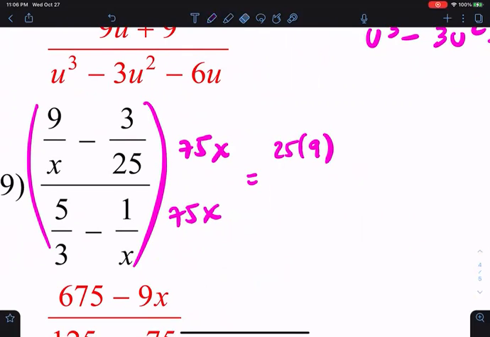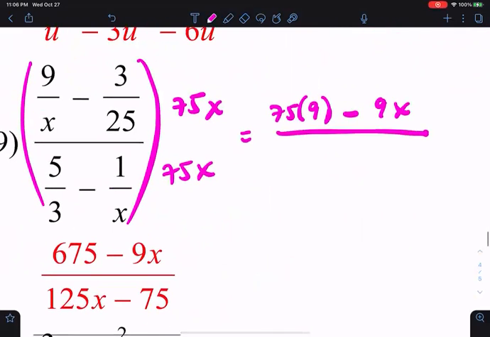Actually not. Yeah, the common denominator is 75. So this is 75 times 9, and this is going to be 375 divided by 25 is 3. So this is going to be 9x. And then on the denominator, we have 25, because 75 divided by 3 is 25. 25 times 5 is 125x.